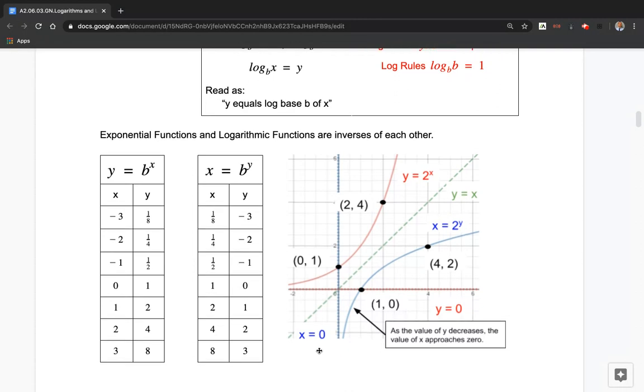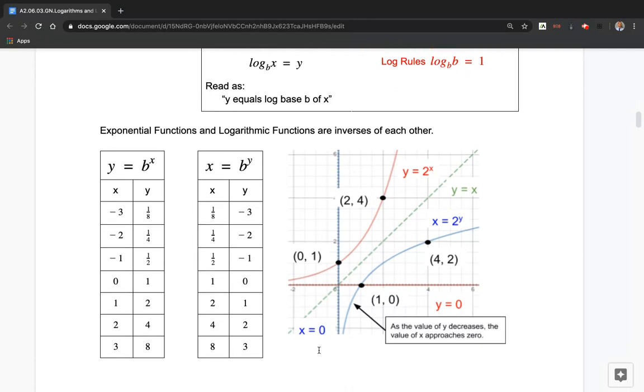Here we have the graph of the exponential function, which in this case is y equals 2 raised to the x power. And then we have the inverse of that function where we switch the x and the y. Both of these graphs are a reflection of each other over the line y equals x, as we can see here. We have the point 0, 1, and if we reflect it over the line y equals x, we get the point 1, 0.